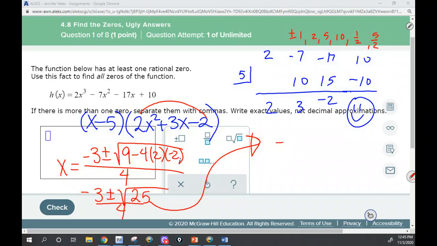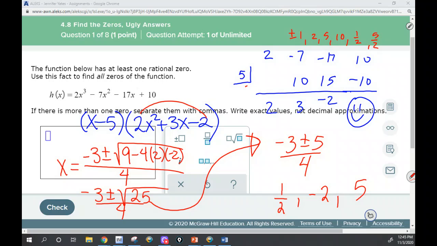So that means I've got negative 3 plus or minus 5 over 4. Negative 3 plus 5 is 2. Divided by 4 is half. And negative 3 minus 5 is negative 8. Divided by 4 is negative 2. And what was the 0 I found before? 5.